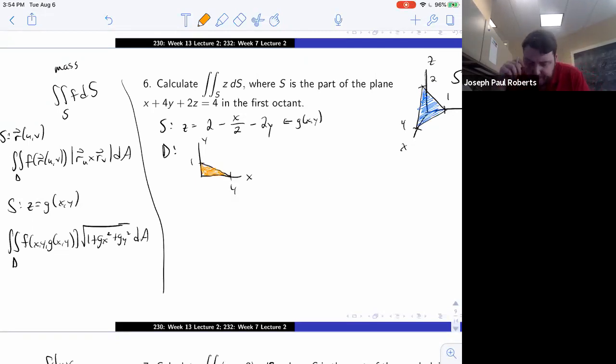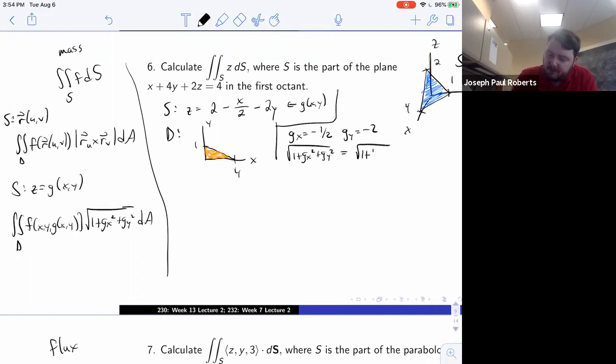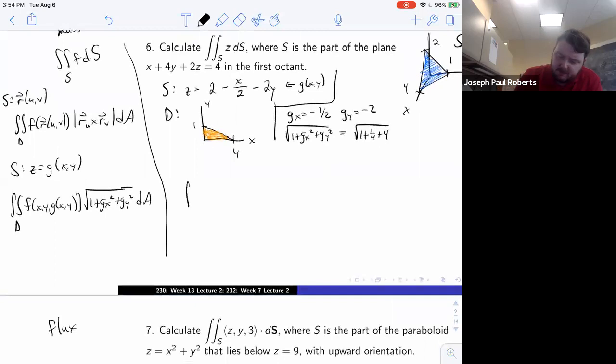And then I can get going on my formula. Gx is minus 1/2, gy is minus 2, so square root of 1 plus gx squared plus gy squared is 1 plus a fourth plus 4. So 5 plus a fourth is 21/4. So I'm going to get square root of 21 over 2.